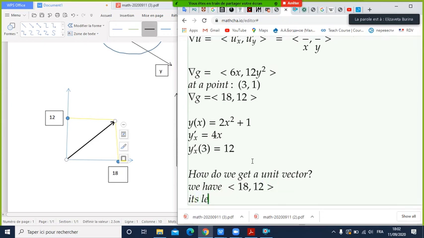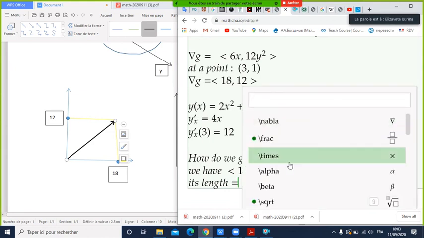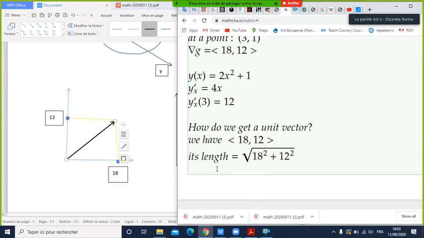Its length, I want to use length because we all understand what length is and we don't have more terms. So its length, by the Pythagorean theorem, is equal to the square root of 18 squared plus 12 squared. If you don't understand how I got it now, please Google Pythagorean theorem and how to find a hypotenuse.